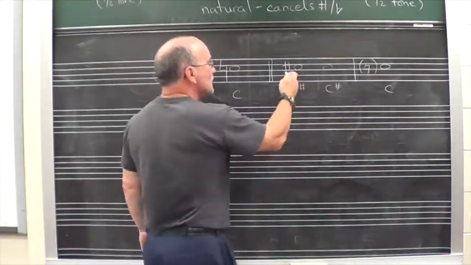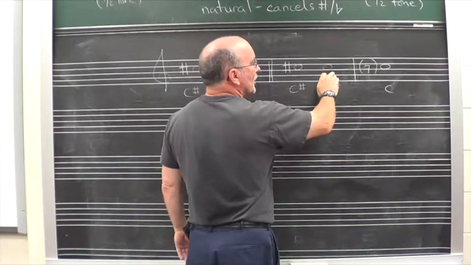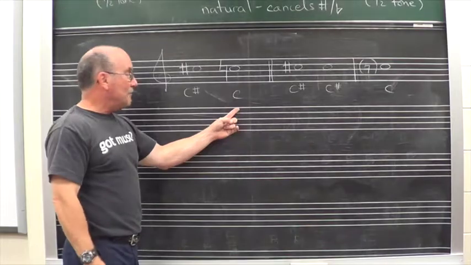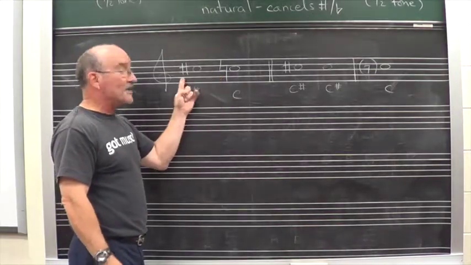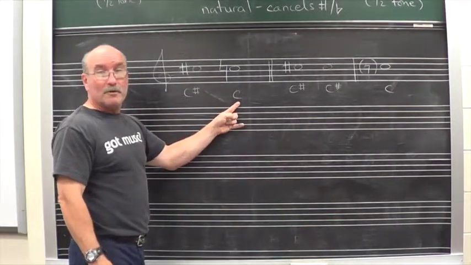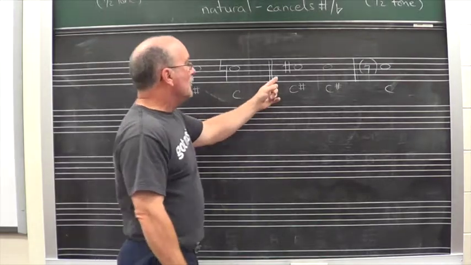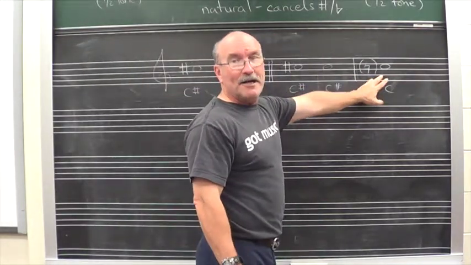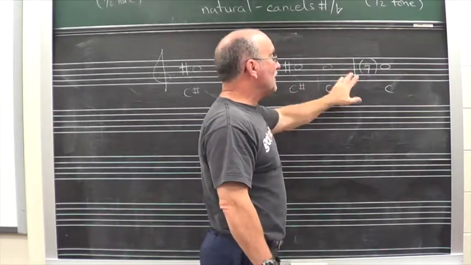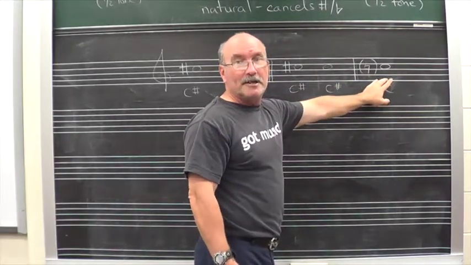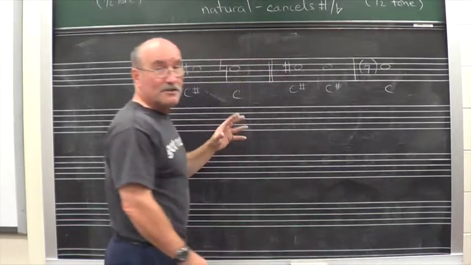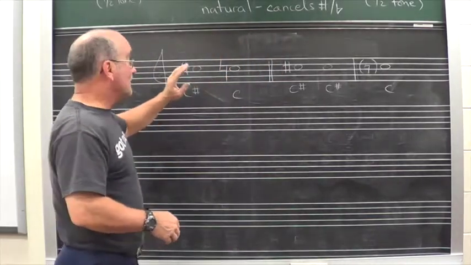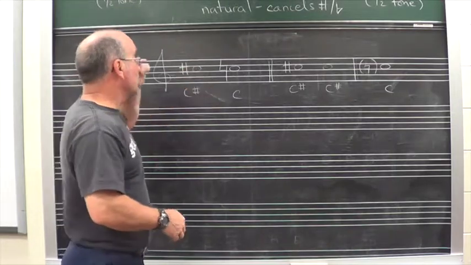But remember, C sharp stays C sharp until you either see a natural sign, such as in this example, then it becomes C. When you put the natural sign, it cancels the sharp, and it goes back to being C. Or you wait until you cross the bar line, and then it becomes automatically natural. The bar line stops any accidental from entering the next bar. So please remember that. That happens with flats or sharps. It doesn't matter. It's the same concept.